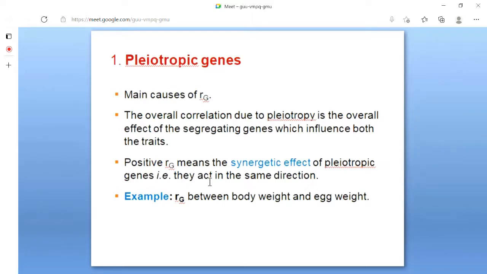If the same gene is controlling both the characters and there is some change in that gene, both the characters will change in their expression. This is the main cause for the genetic correlation.